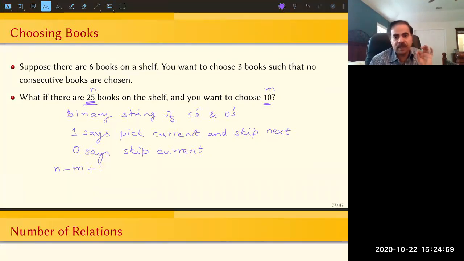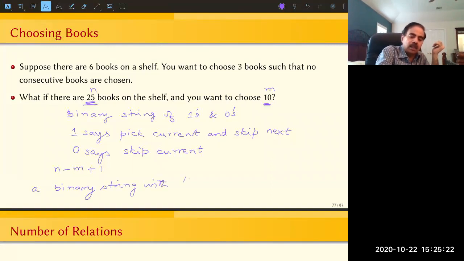So you have to reach the last book. If you're talking about a binary string with 10 ones, because we want to pick 10 books, it should have 10 ones, right?